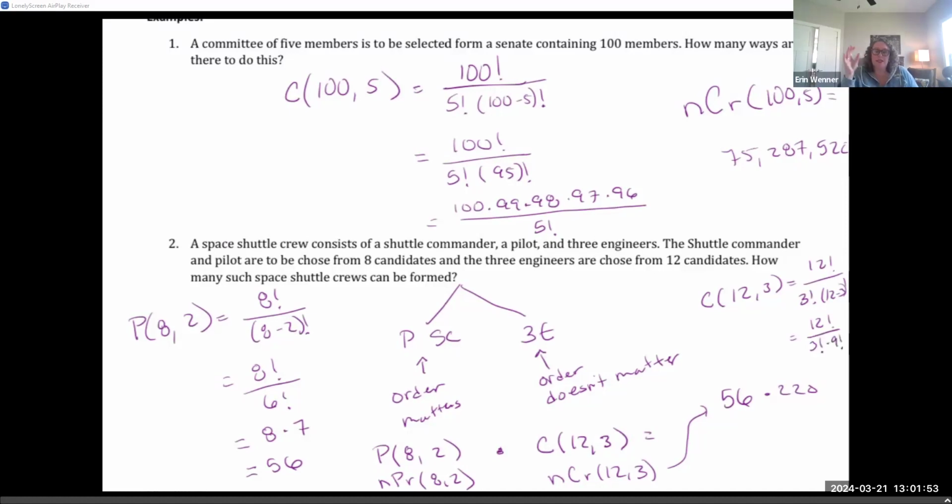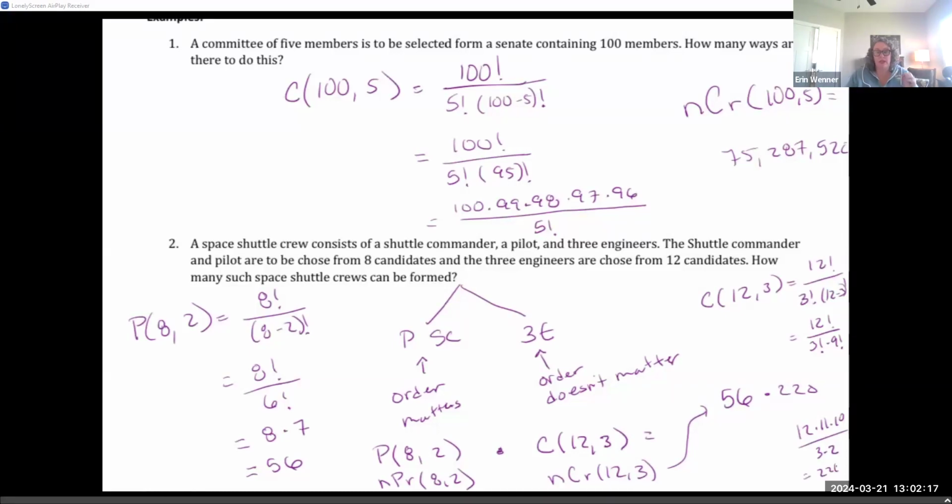Again, in the numerator, we have 12 factorial. In the denominator, that 9 factorial cancels out so that we only have 12 times 11 times 10 left. And in the denominator, that 3 factorial is 3 times 2, which is again how we get to 220.